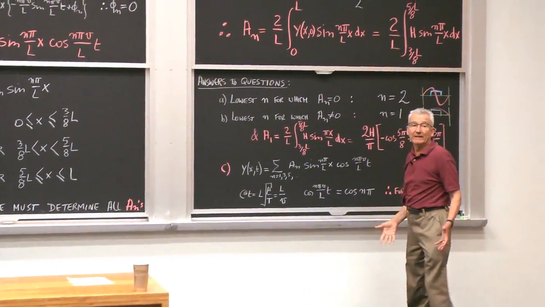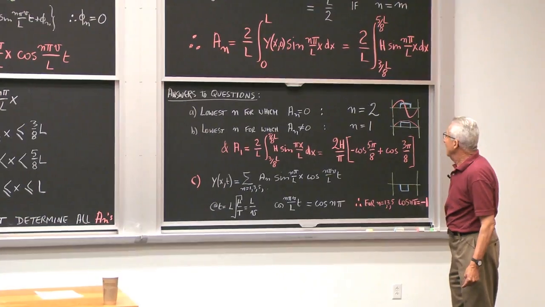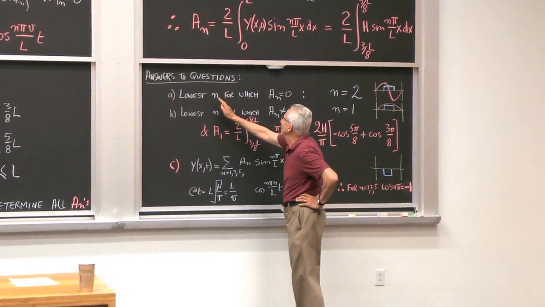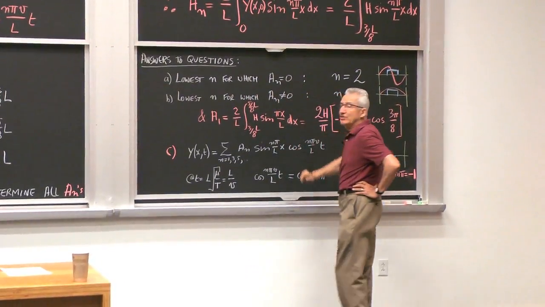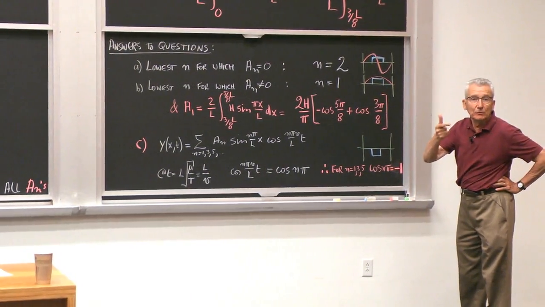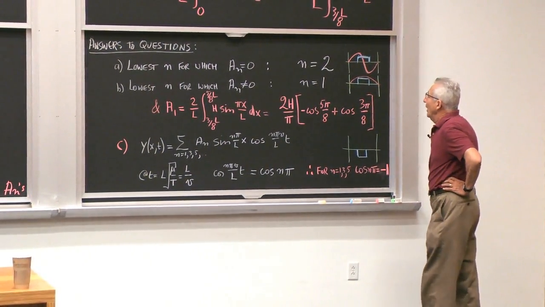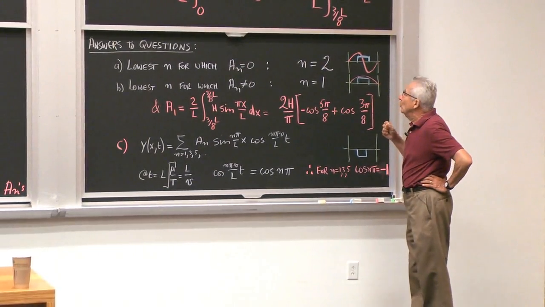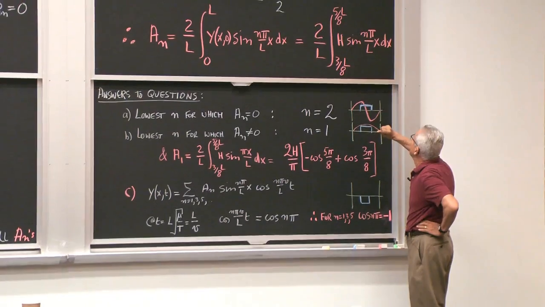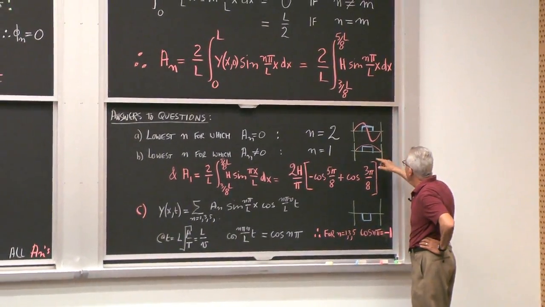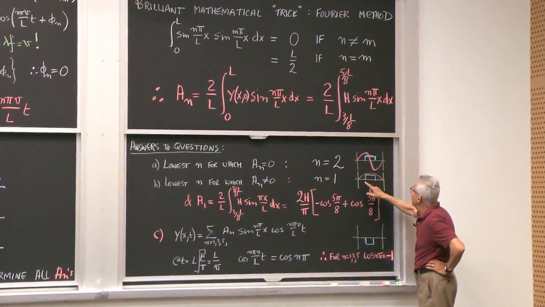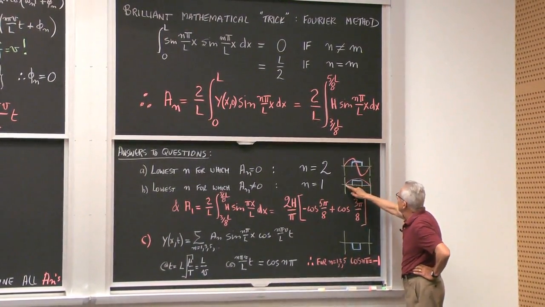So finally, I can answer the questions. The first question was, what is the lowest value of n for which an is 0? Well, let's start. Take number 1, 2, 3. For n equals 1, this integral is not equal to 0, because basically you are integrating this.